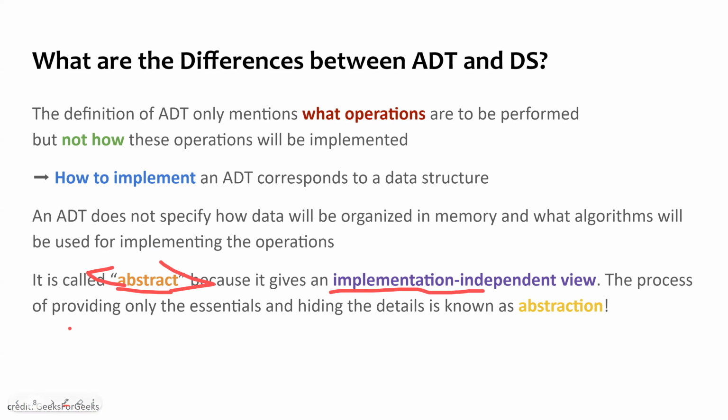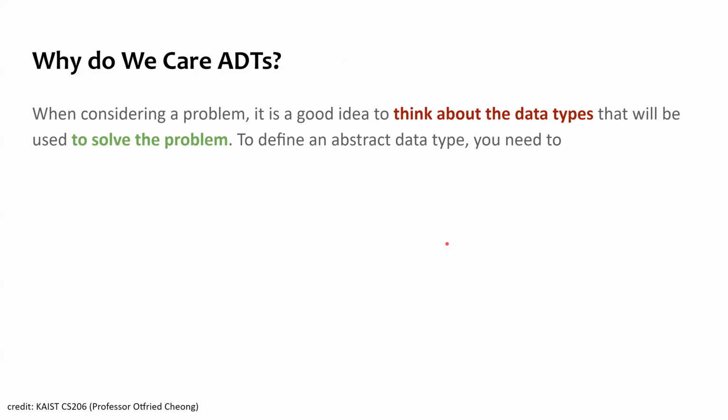And the process of providing only the essentials and hiding the details is known as abstraction. Okay? And why do we care about ADTs? When considering a problem, it is a good idea to think about the data types that will be used to solve the problem.